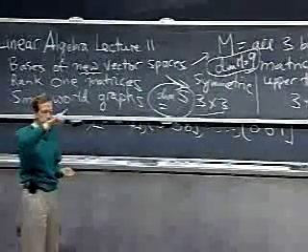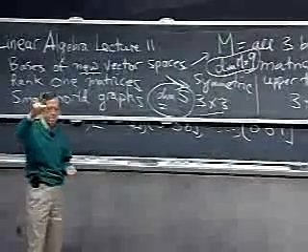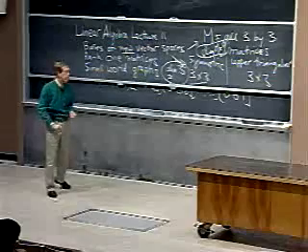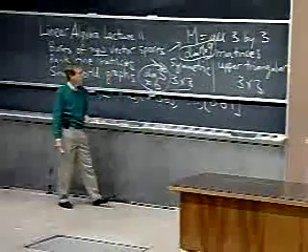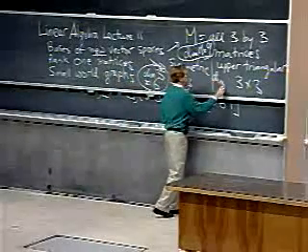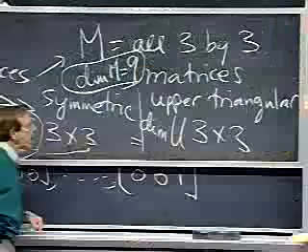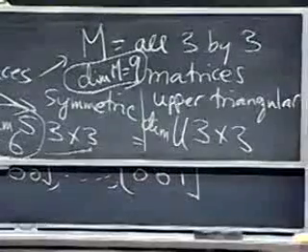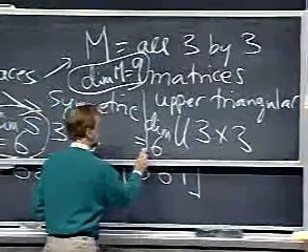If I choose the diagonal, that's 3, and the 3 entries above the diagonal, then I know what the 3 entries below are. So the dimension is 6. I guess what's the dimension of this here? Let's call this space U for upper triangular. So what's the dimension of that space of all upper triangular 3 by 3s? Again 6.